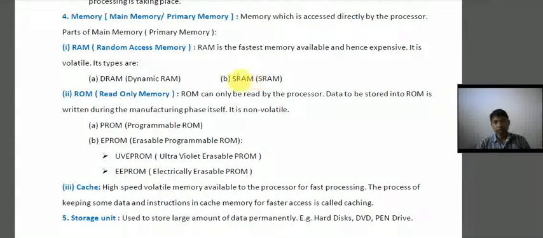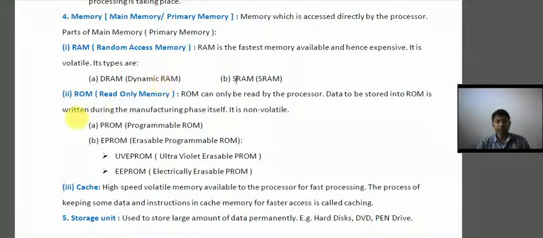Once the static RAM stores the data, it never deletes it until the current is gone. Okay, so this is the difference between dynamic and static. Static is costly because it stores the data, so that's why it is costlier than the dynamic RAM.